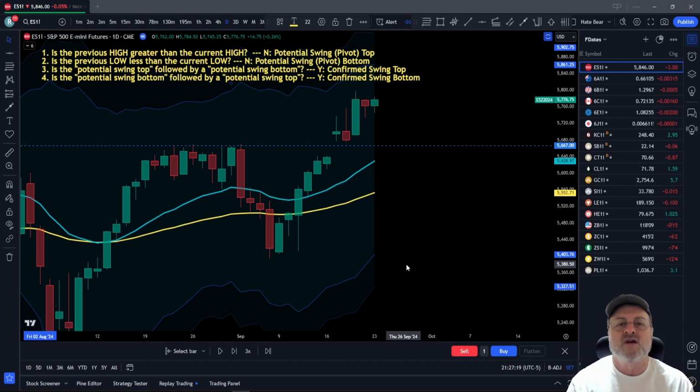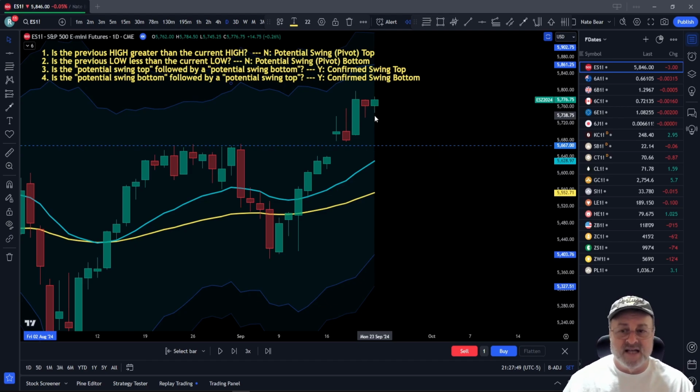There are many uses for knowing when to expect the market to make a swing top or a swing bottom. So let's go through the basics here on how to identify the potential swings and whether those potential swings actually become confirmed swings. So, looking at the most recent price bar, let's start with question number 1.